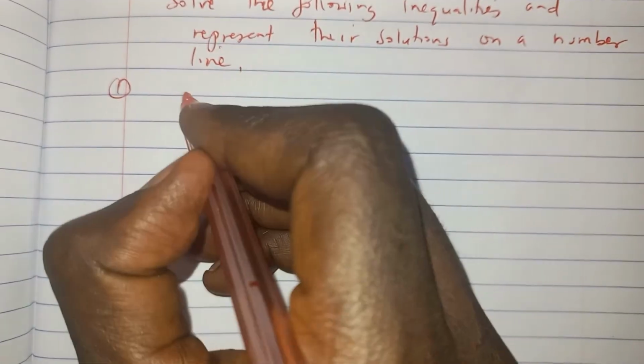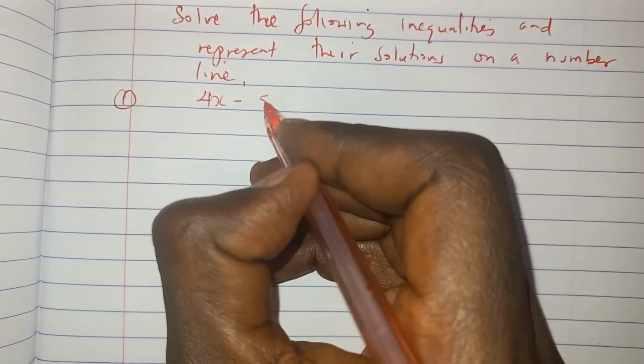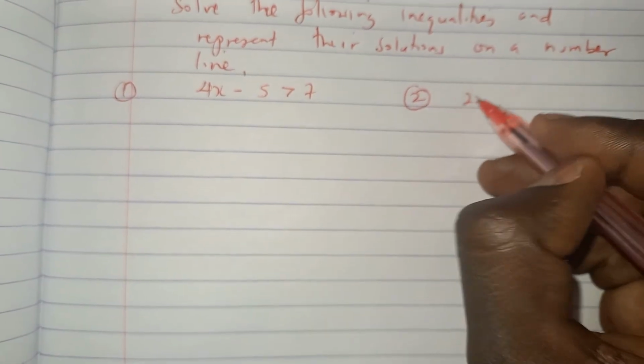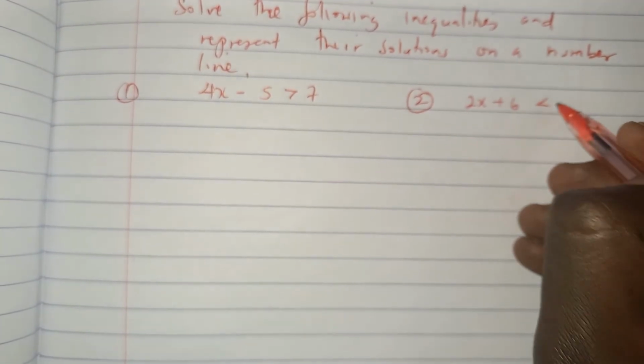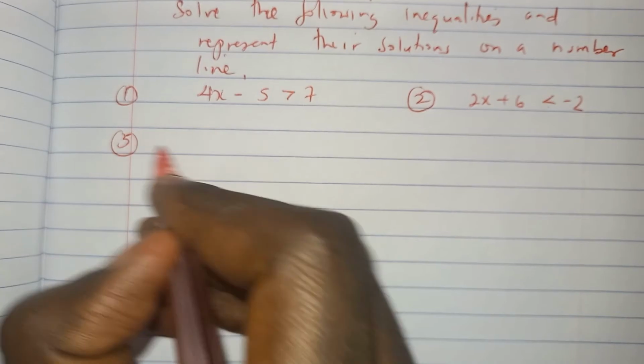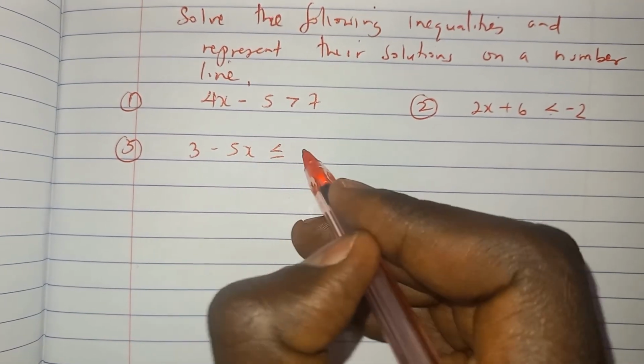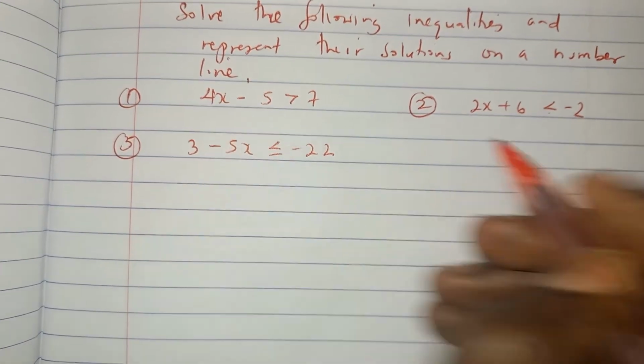Number 1, 4x minus 5 is greater than 7. Number 2, 2x plus 6 is less than minus 2. Number 3, 3 minus 5x is less than or equal to minus 22.